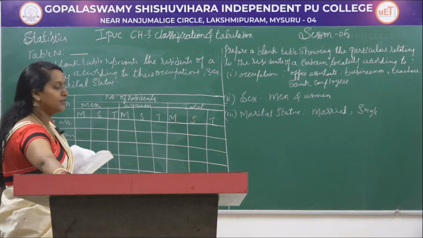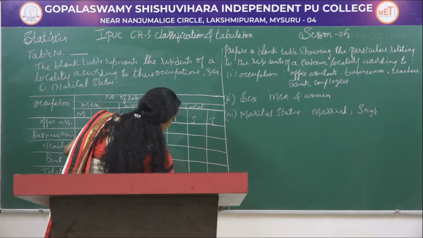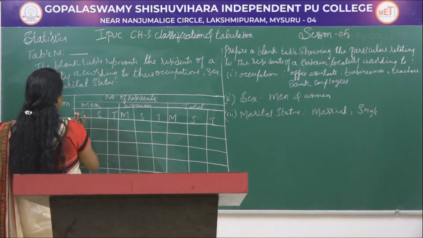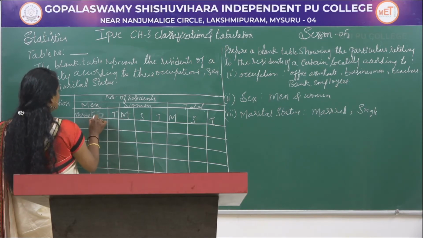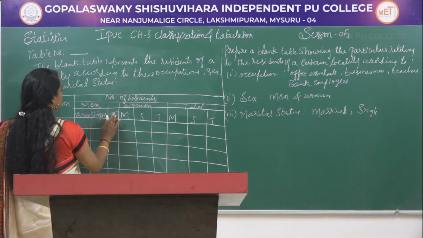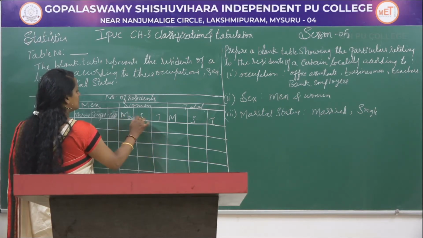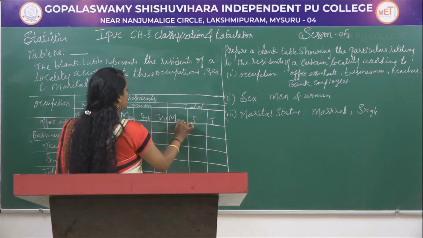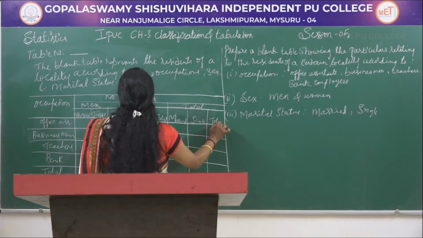After this total, we have to write the headnote or footnote, whatever it is. Here it is married, single, total. Again married, single, total.